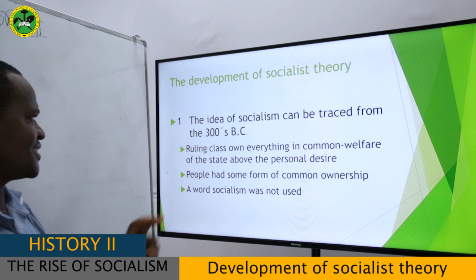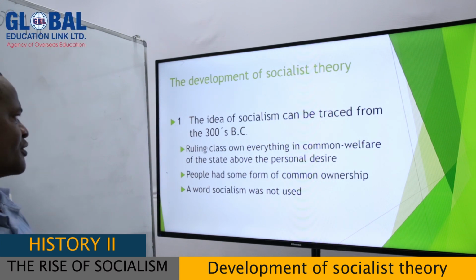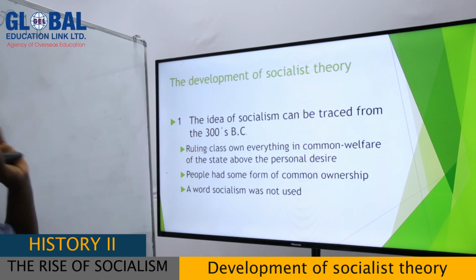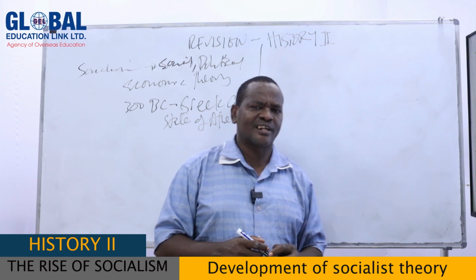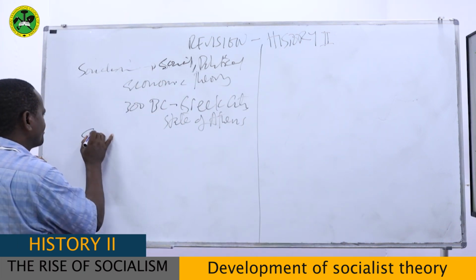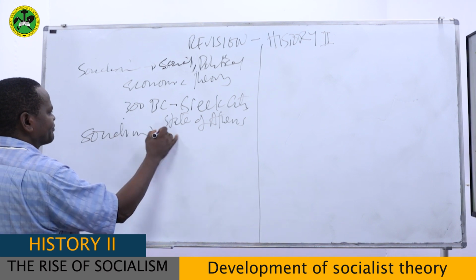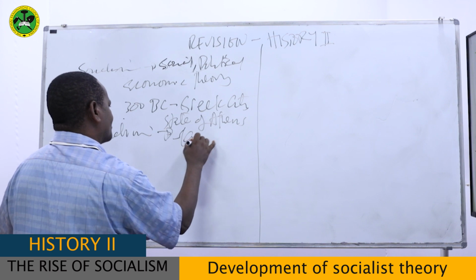So, my dear students, this is the first area where we can trace the beginning of the idea of socialism. You have to go as far back as 300 years before Christ. But remember, at that time, the word socialism was not used. Instead, they were just looking at the society, and this was the time when there was slavery.